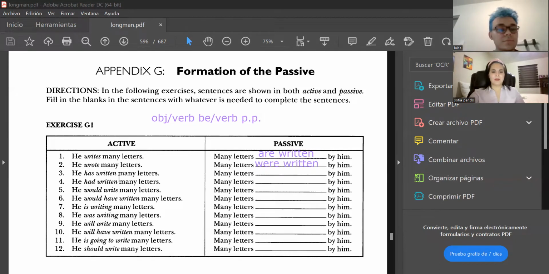Now let's go with number 3. And here I'm gonna help you out. He has written many letters. So we have the verb, well, the auxiliary has. Which tense is this sentence written in?